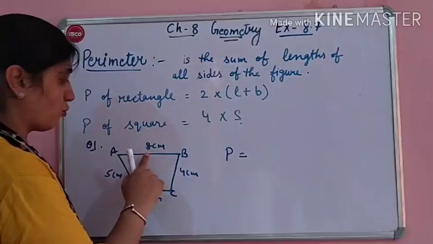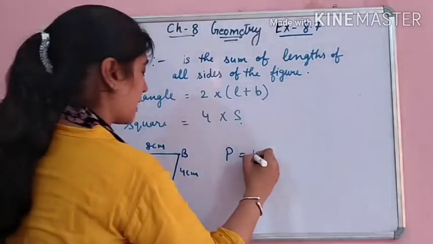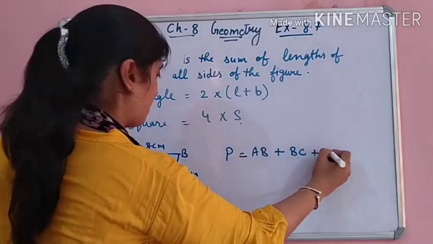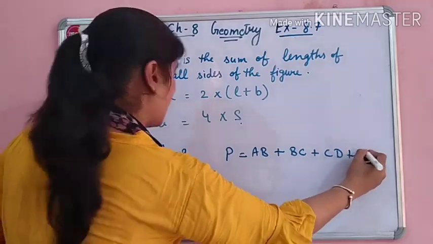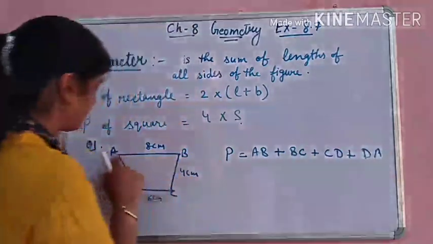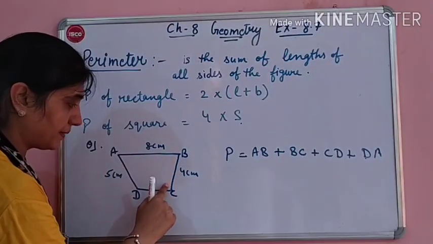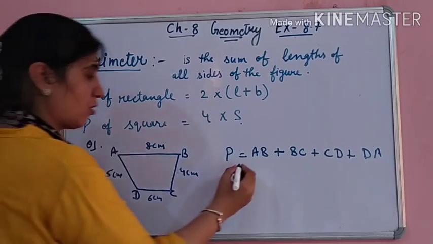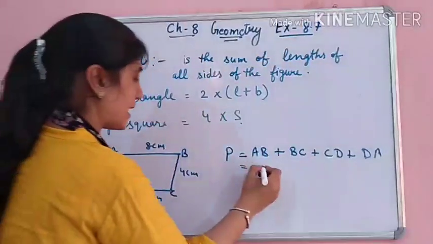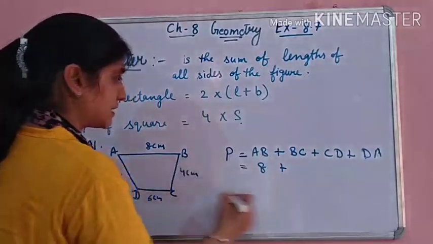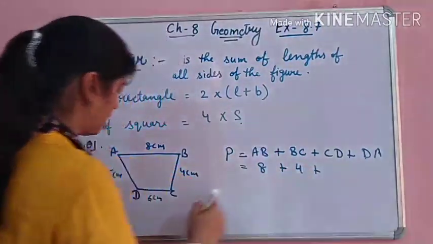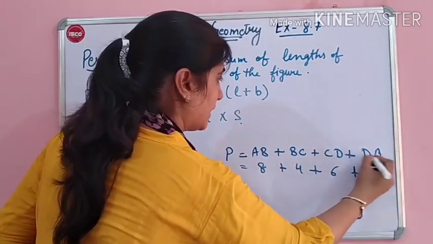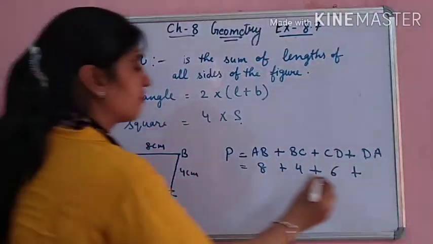How many sides? 4. 1, 2, 3, 4. AB plus BC plus CD plus DA. Okay, what is the length of AB? 8 centimeter. BC 4, CD 6 and DA 5.